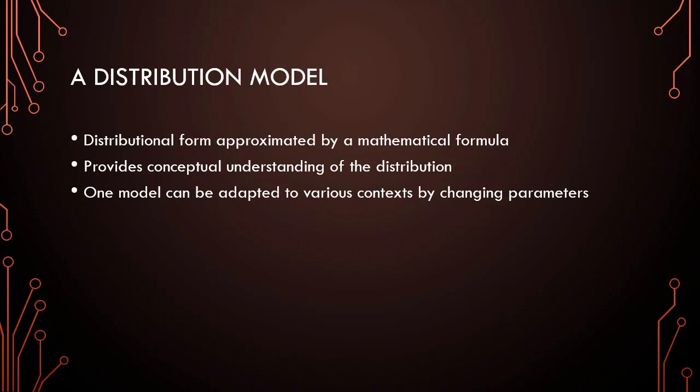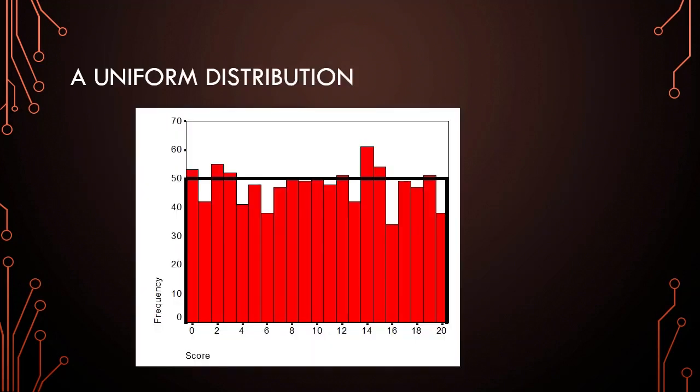A mathematical model can be adapted to various contexts by changing parameters. We looked at one uniform distribution, but there are many uniform distributions, and each matches a different context. Mathematically, we say that we change the values of the function, which we call parameters, to create a new uniform distribution.